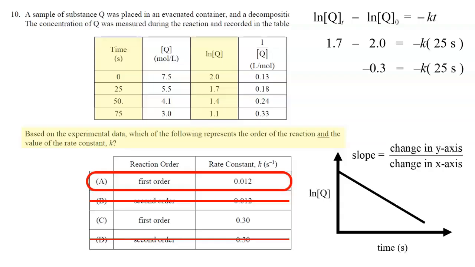That's a difference of negative 0.3, and that is equal to negative kt, or negative k times 25 seconds. So 0.3 divided by 25 seconds gives us that same numerical answer. So the correct answer is A. This is a first order rate law, and the slope is 0.012 when you take the absolute value. So the rate constant is 0.012 inverse seconds.